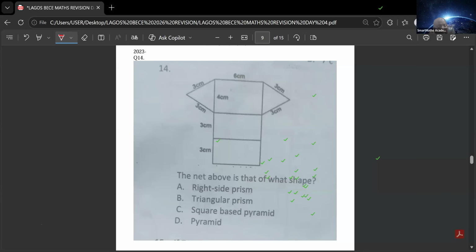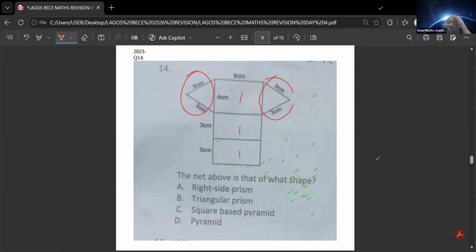If you don't know it, this is how you are going to determine it. You can see that we have a circle here, a triangle here, a triangle here, and we now have square, square, square. So that is a prism. And what type of prism? Triangular prism, because the base and the top of a triangular prism are always the same.